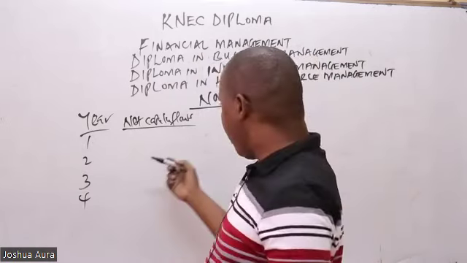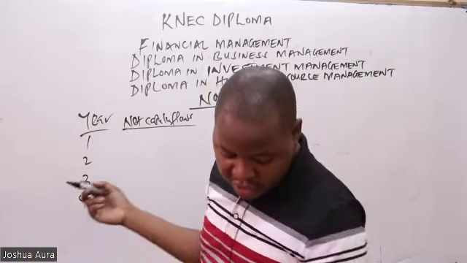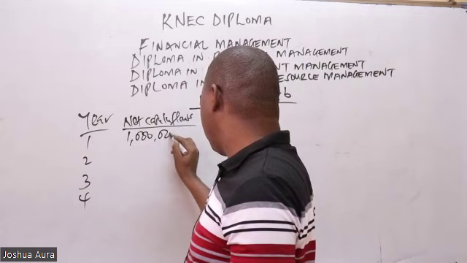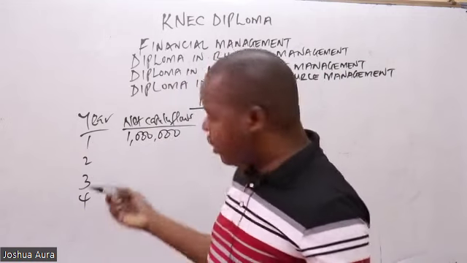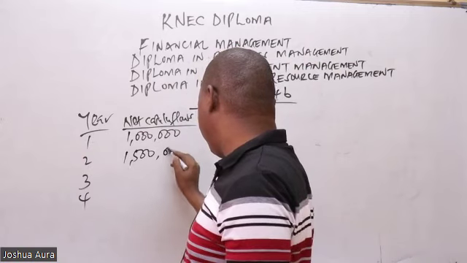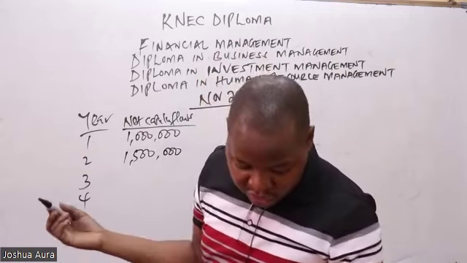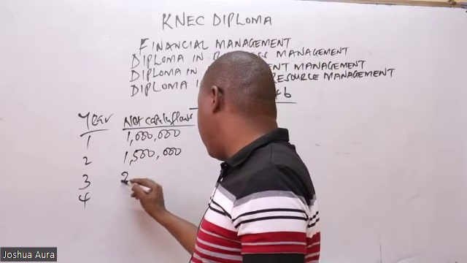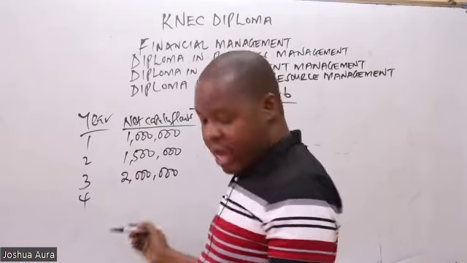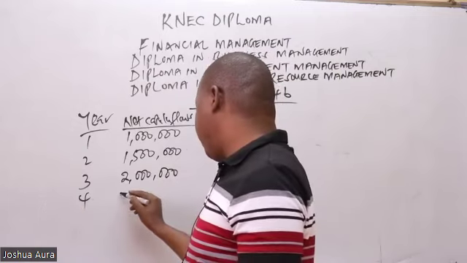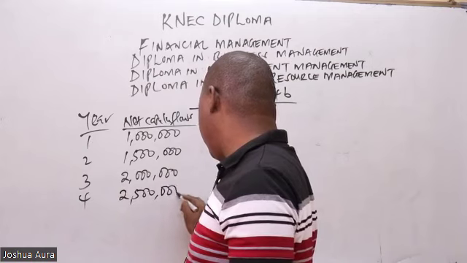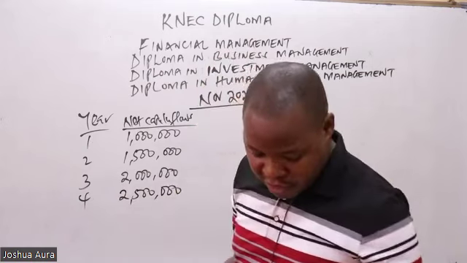Then the net cash inflows for year 1 is 1 million, for year 2 is 1.5 million, for year 3 is 2 million, and year 4 is 2.5 million.